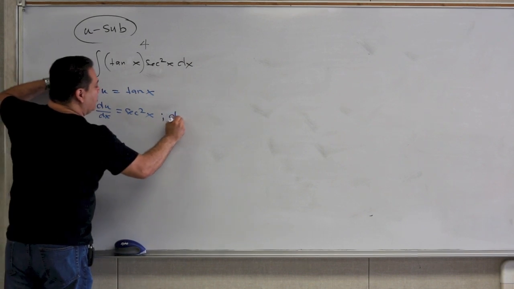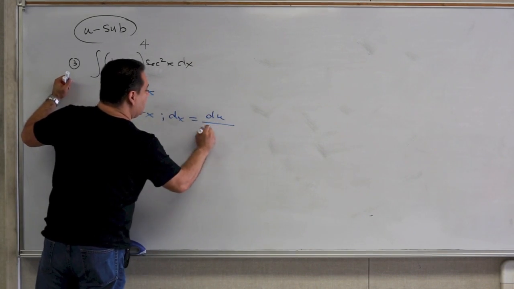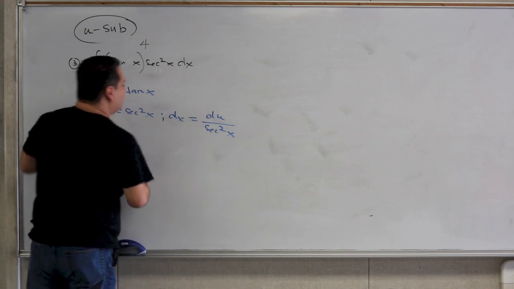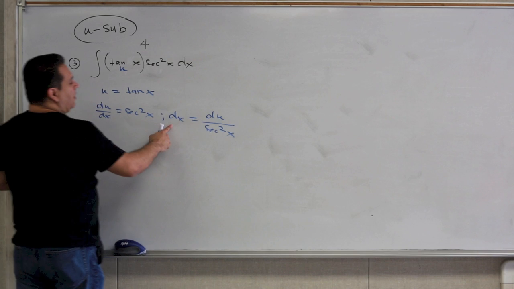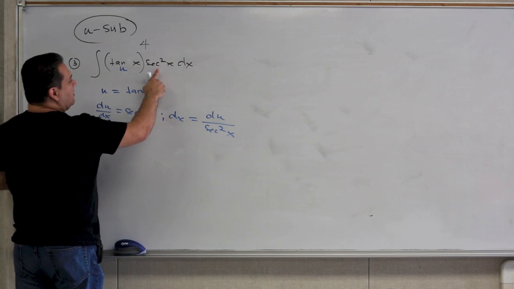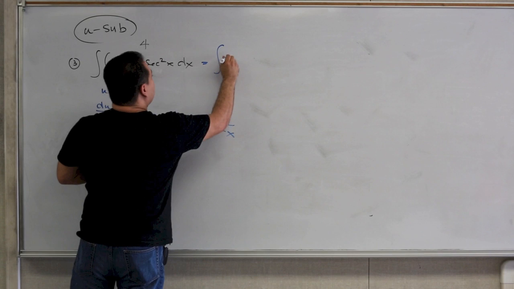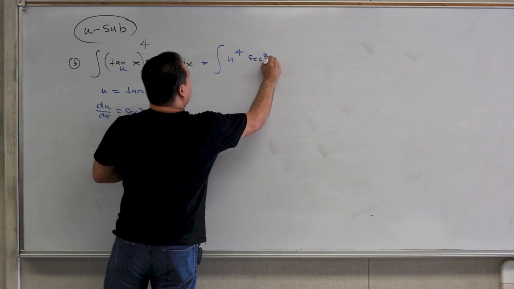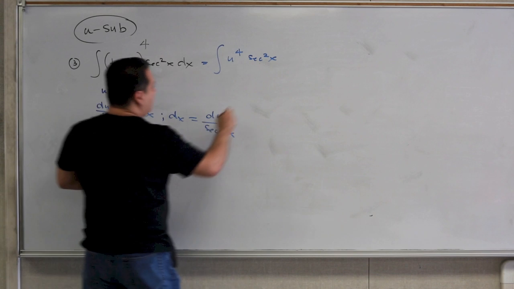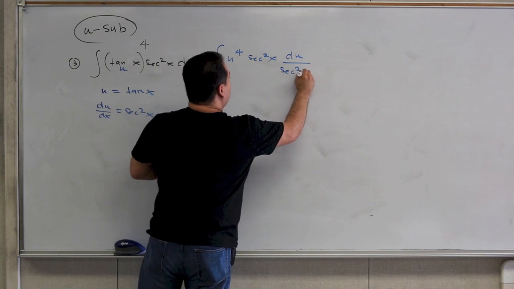And again, what I'll do is solve for dx, which means my du is secant squared x dx. Now, if I replace this with u, this integral becomes u to the 4th secant squared x times du over secant squared x.